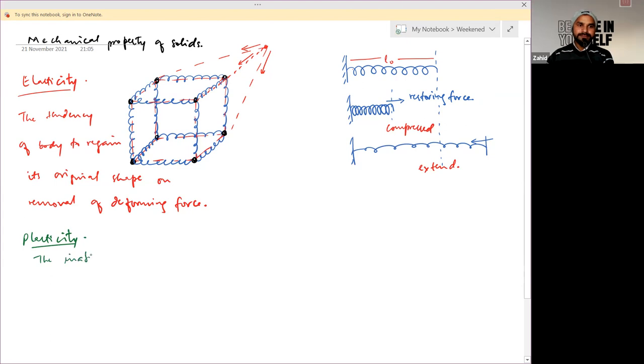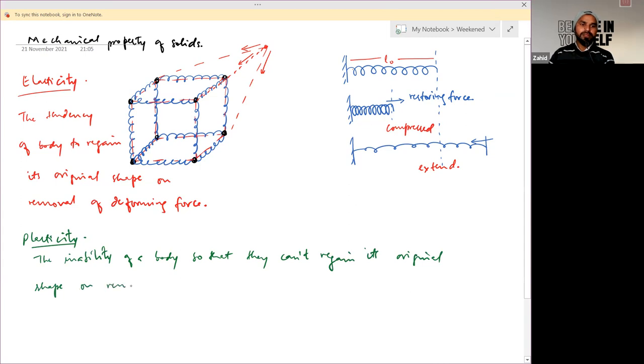So the inability of a body to regain its original shape on removal of the deforming force is termed plasticity. In general, the tendency of a body lies in between elasticity and plasticity.